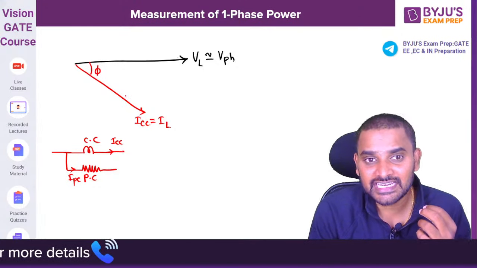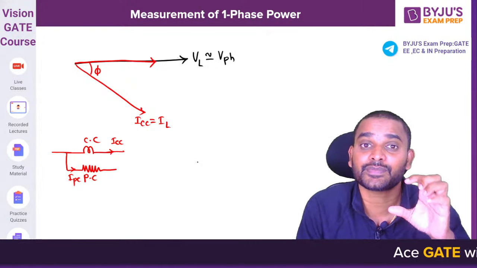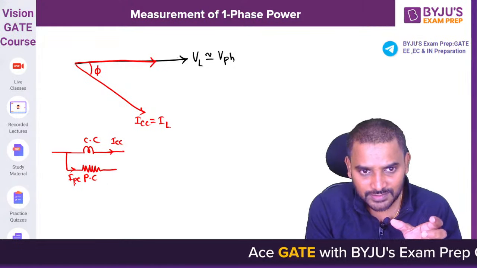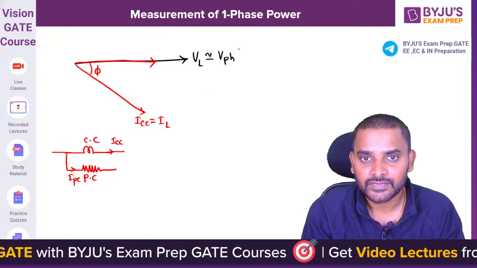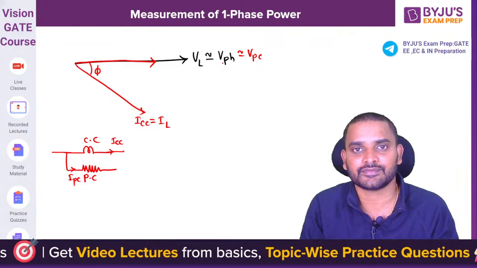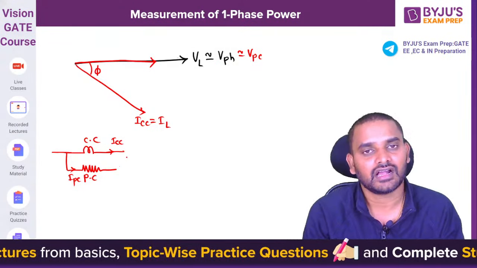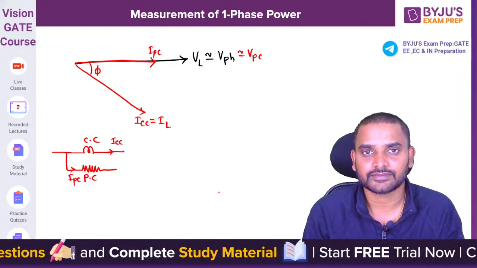So if it is highly resistive nature, the pressure coil current will be in phase with the pressure coil voltage. The pressure coil voltage is almost equal to supply voltage now. Supply voltage, pressure coil voltage, load voltage almost same because the drop in the current coil is almost 0. So this is where the pressure coil current looks like.